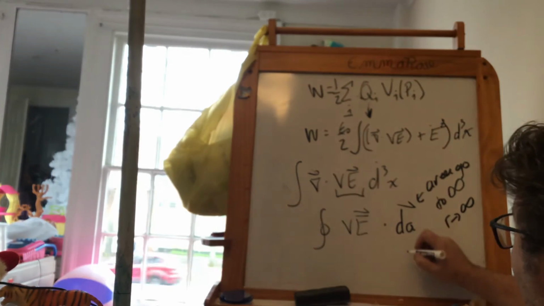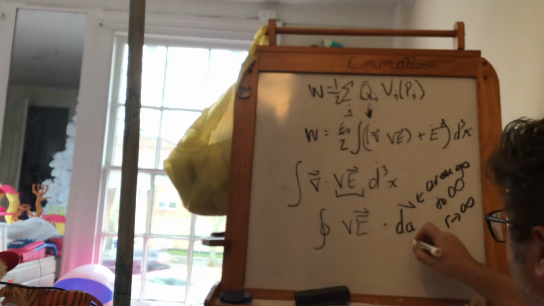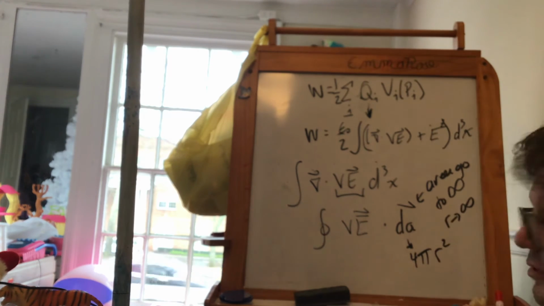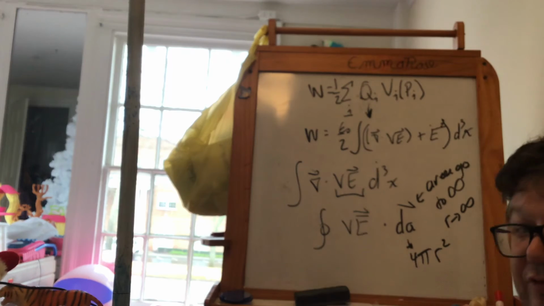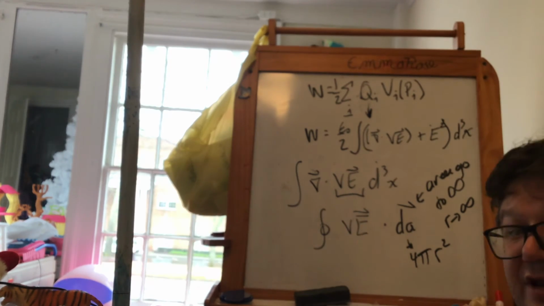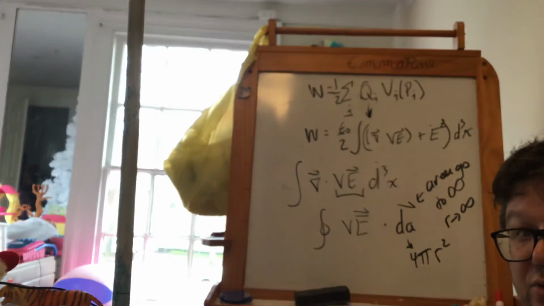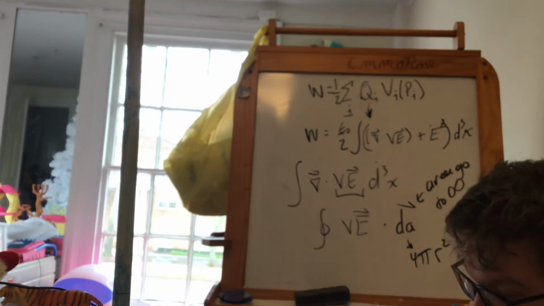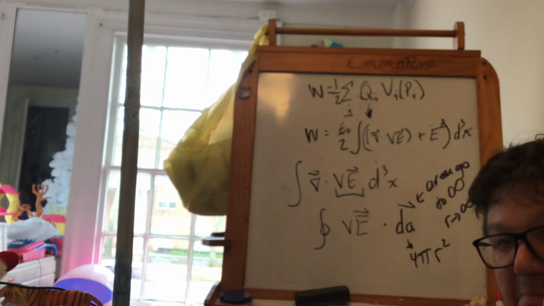Okay, the surface area is something like 4 pi r squared. So the surface area goes to infinity when the radius goes to infinity, right? So if I let the radius go to infinity, I have infinite surface area.